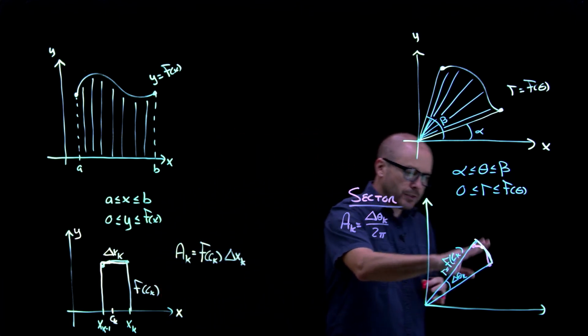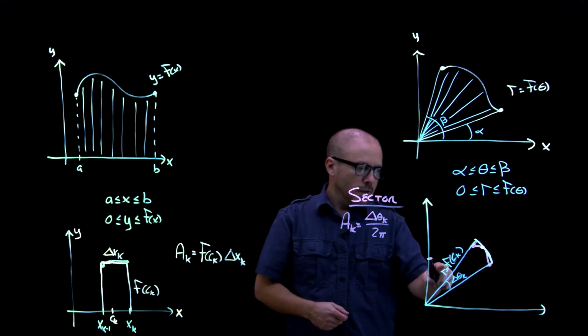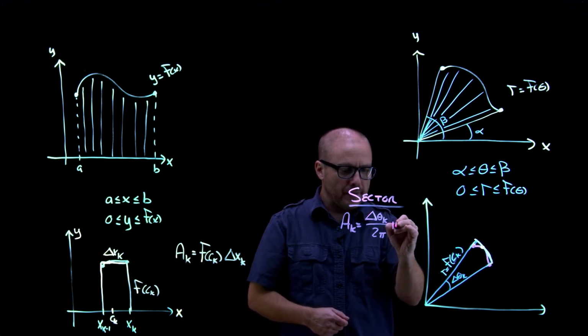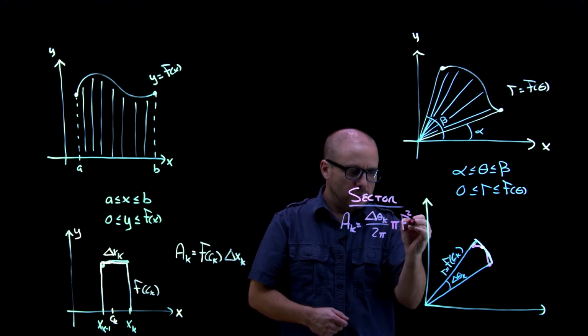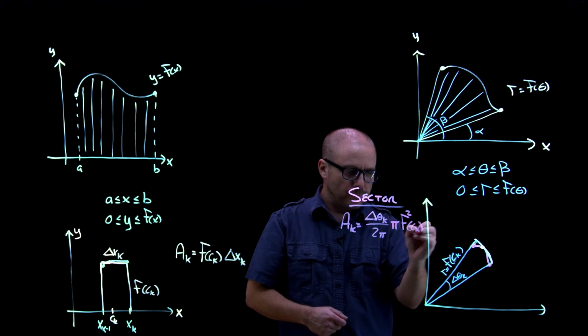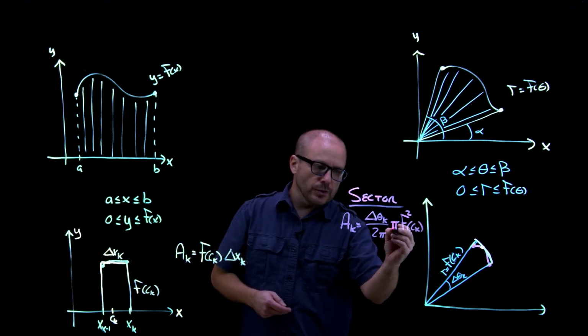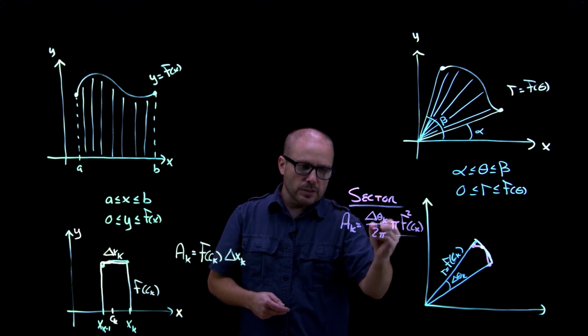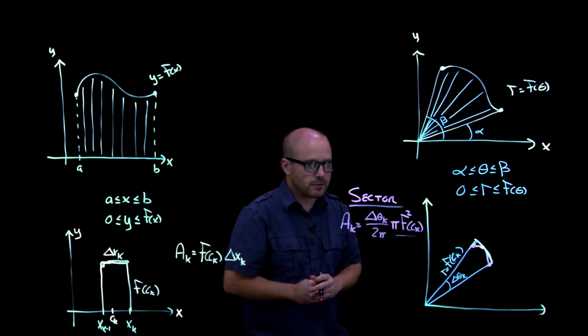If we had the whole circle, the area would be pi r squared, right? And there's r, so it's pi r squared. That's a whole circle. And this is the fraction of a circle that we're taking, so there's the area of our sector.